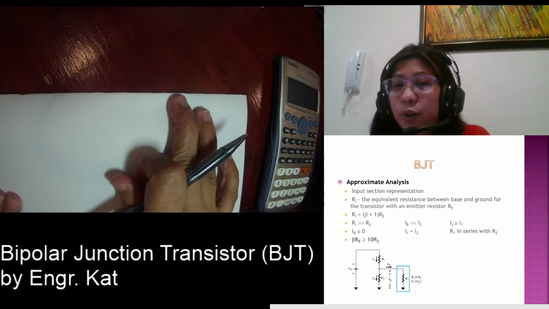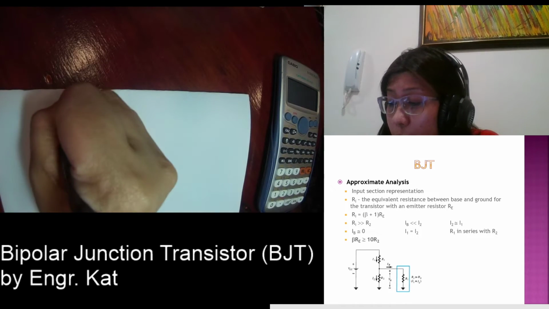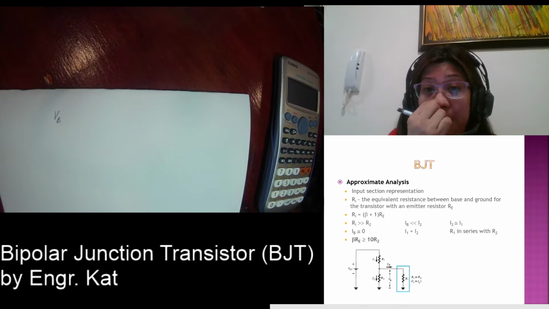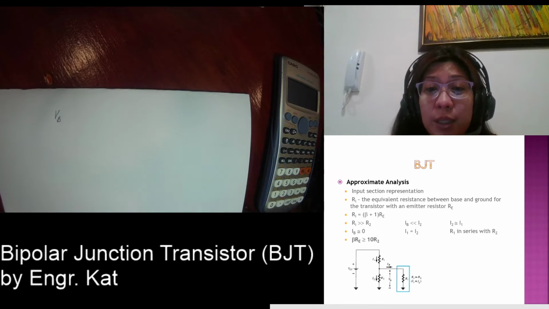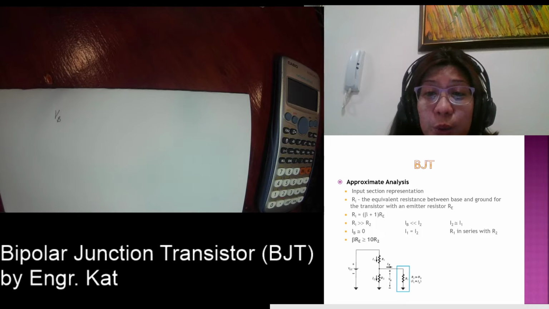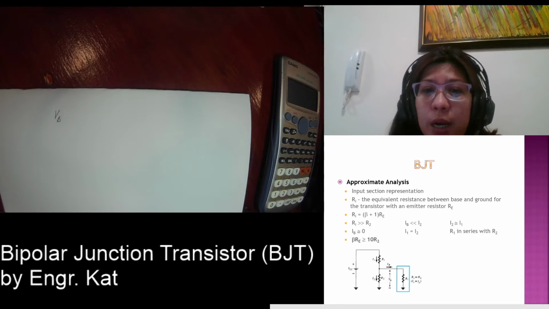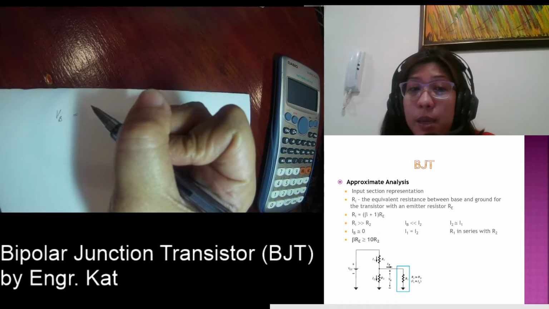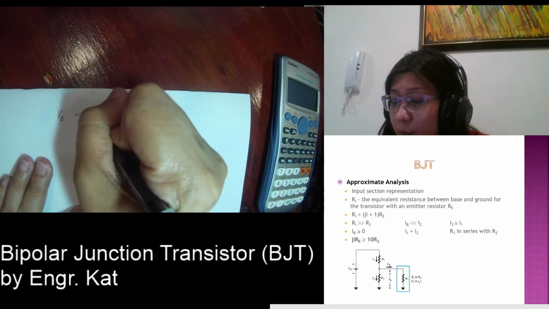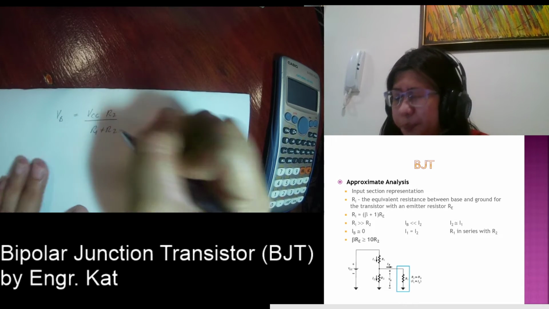Since it is in parallel with the base and the ground, we can call that your VB, or the base voltage. So the voltage across R2 is just the same as your voltage VB. Since they're already in series, we will be using the voltage divider principle. So VB is equal to VCC multiplied by R2 over R1 plus R2.